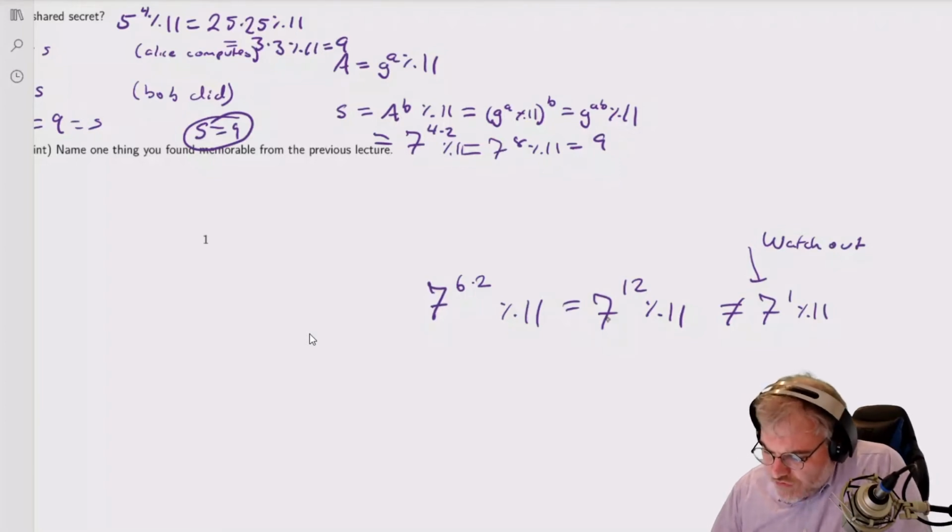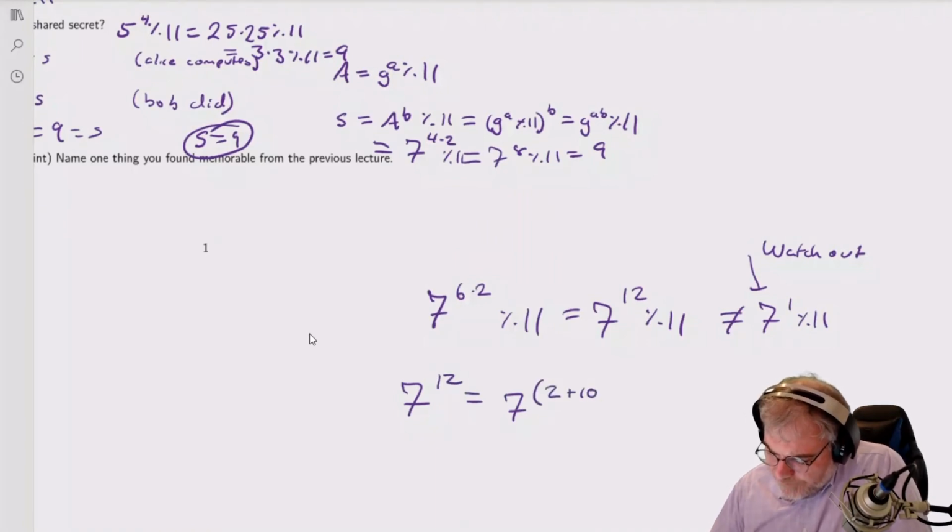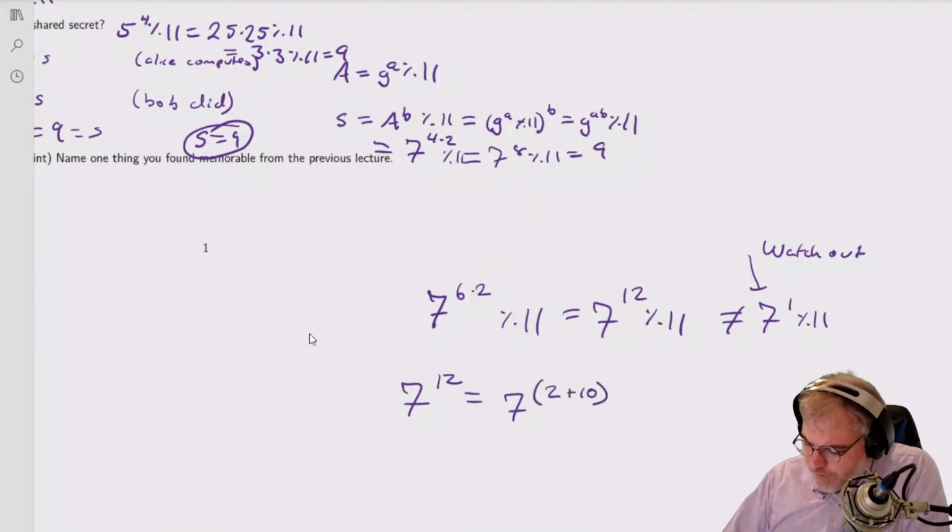However, I can do stuff on this. So I know, for instance, that 7 to the 12 equals 7 to the 2 plus 10. We'll put mod 11 here so I don't have to keep writing it. 7 to the 12 equals 7 to the 2 plus 10, which equals 7 squared times 7 to the 10th.